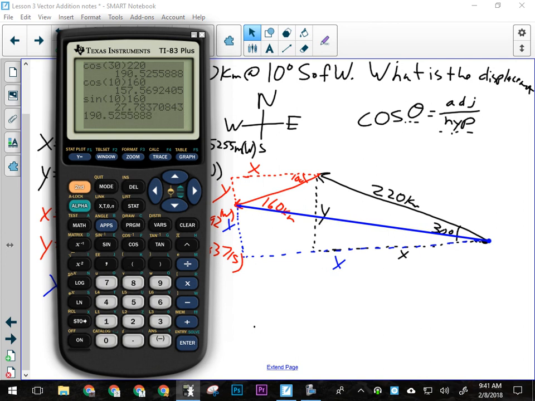Okay, and notice I'm keeping all the decimals here. So that gives me my total x component to be 348.0948. Okay.